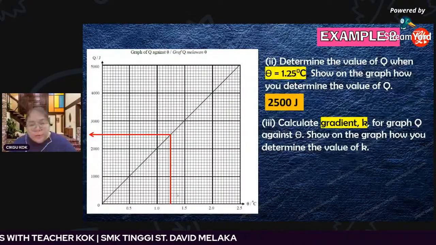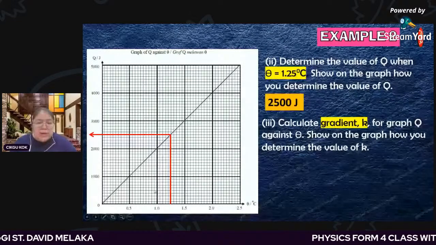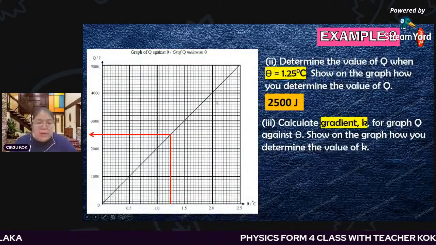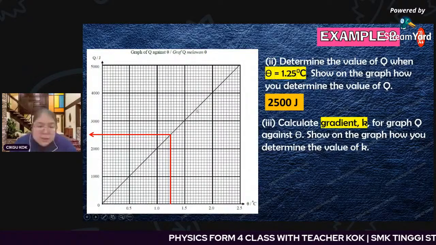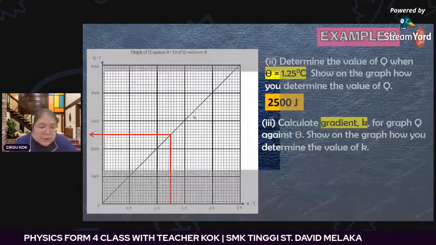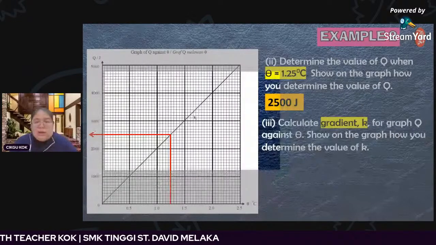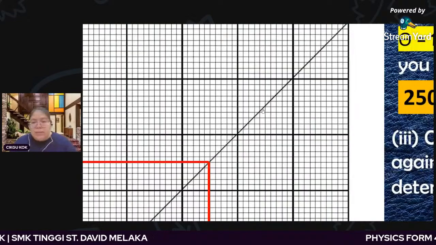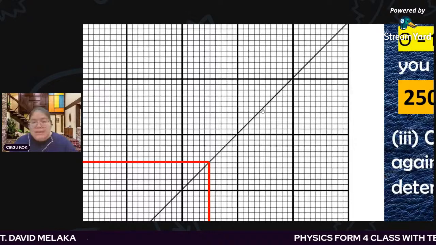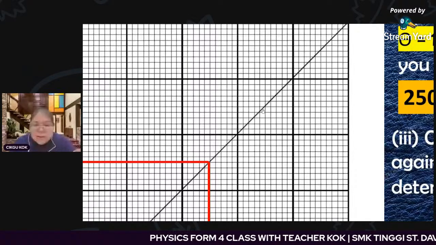Okay, so from here, I need to find the point. You need to find a point that we can read exactly. Don't take a point in the middle. Middle one, example like this. Okay, I show. This one is called middle. Middle one, you agak, that means you cannot get the exact coordinate. So we find this one that we can read exactly.